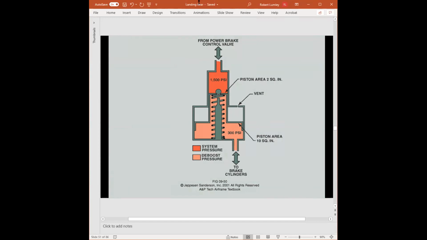All right. Here's the thing to understand. If you notice, it says that we have 1500 PSI coming in, but we only have 300 PSI coming out. So that's why it's called a debooster, right? It lowers pressure. Okay.